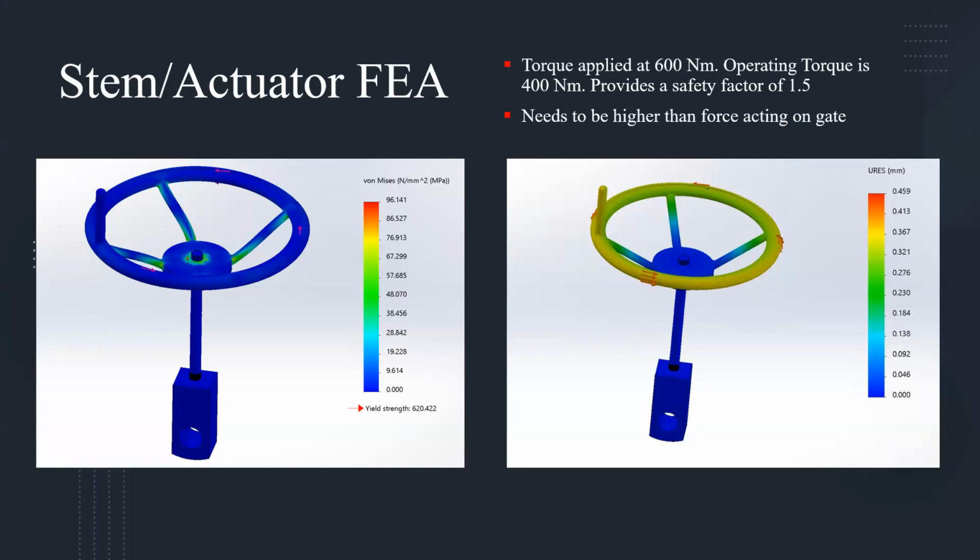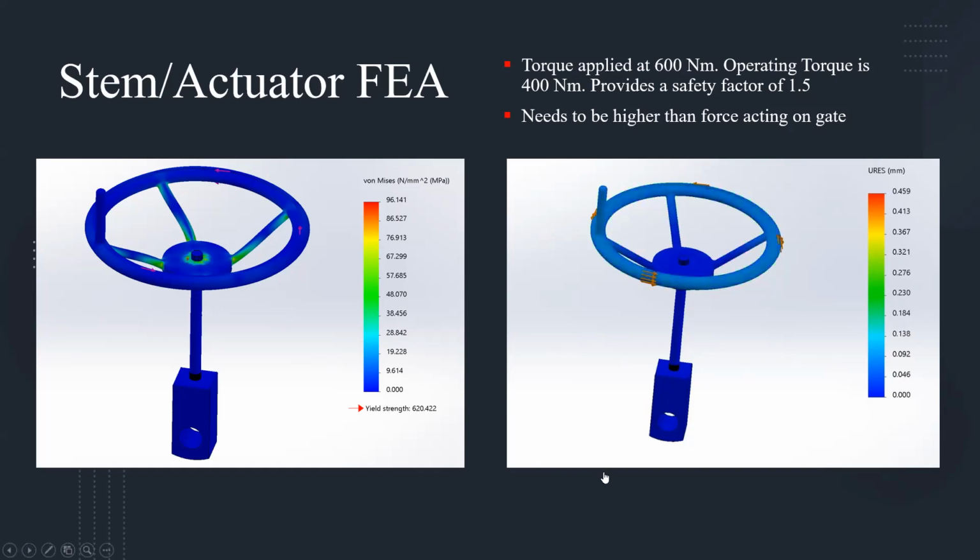That's the reason we use a higher value force in our testing. The torque applied is 600 Newton meters, and the operating torque is 400 Newton meters, which provides a safety factor of 1.5. The safety factor is unitless, and the value is 1.5.